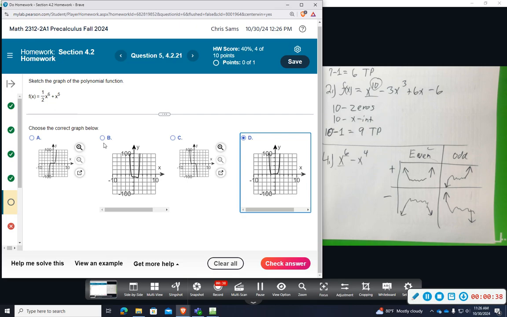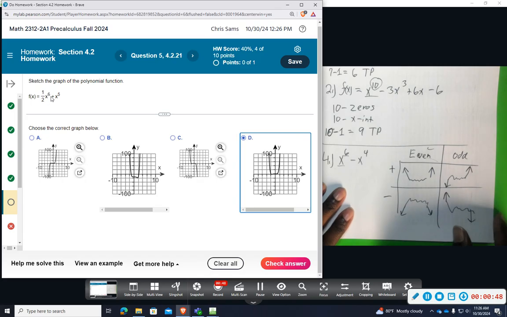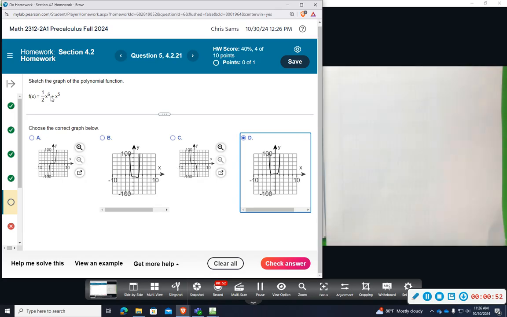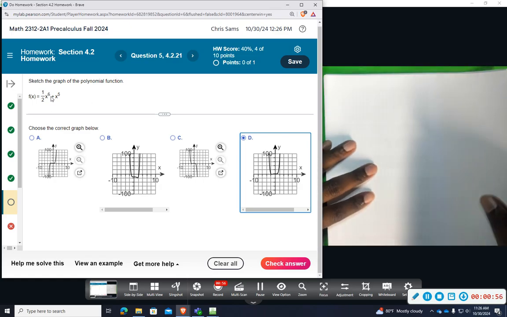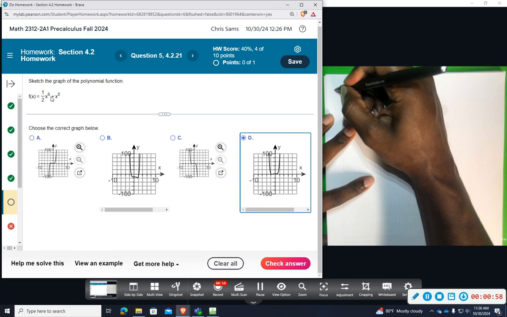So one thing we can do is look at the actual zeros that we see, okay? And we're going to figure out what the zeros are and then compare them to the two graphs. So the way we can figure out those zeros is we're going to factor this function.